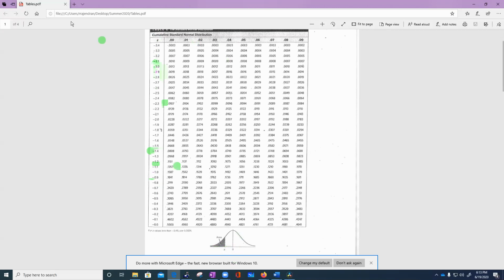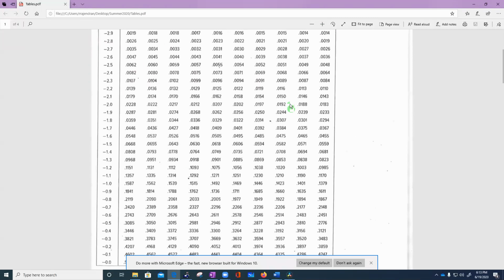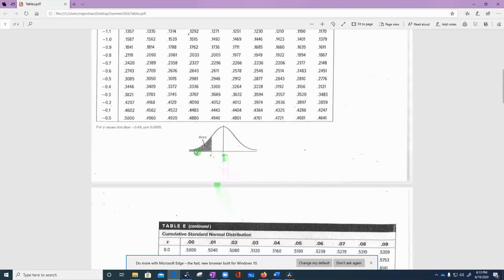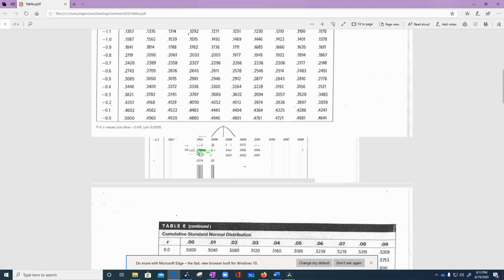I need to zoom up. Okay. Do you see here 0? This is my z distributed curve. This is my center point 0. So anything beyond that point is going to be negative values for z. This side is positive.